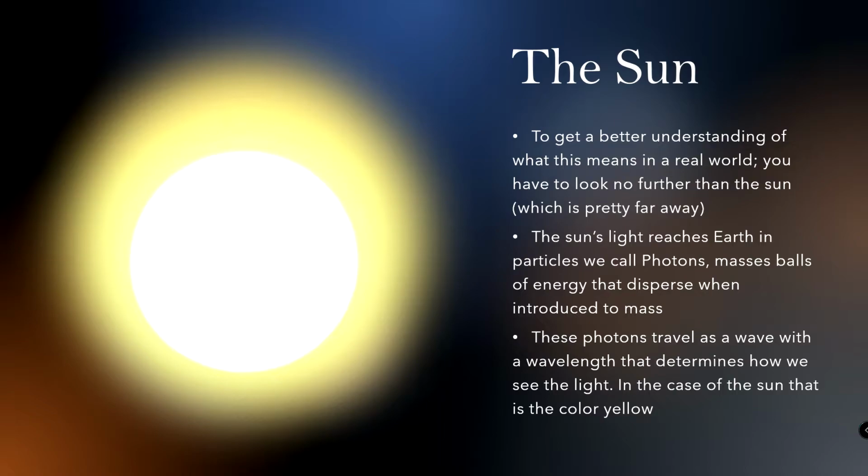So these photons, we treat it as a little ball, as a particle basically, but they travel in wavy patterns, like you would see in the ocean or whatever. Obviously, since it's traveling in a wave, these waves have a wavelength. This is determined by how much energy the photons within the wave contain, and it also determines how we see it.